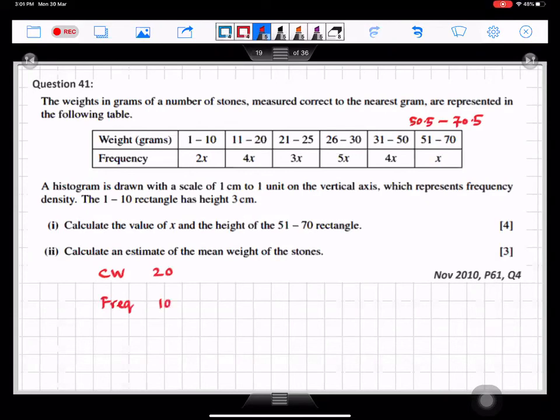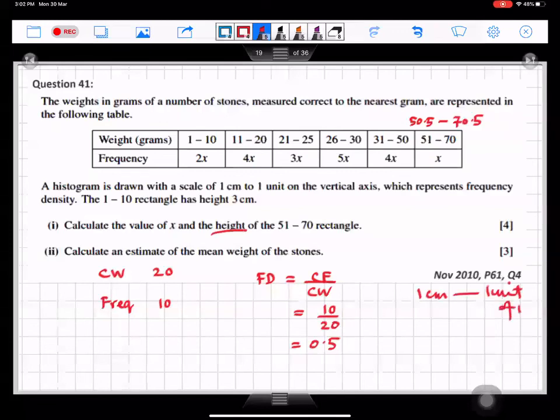Therefore, frequency density is class frequency over class width. That is 10 divided by 20, which comes out to be 0.5. And it's asking for the height. 1 centimeter is equal to 1 unit of frequency density. Therefore, 0.5 means 0.5 centimeters.